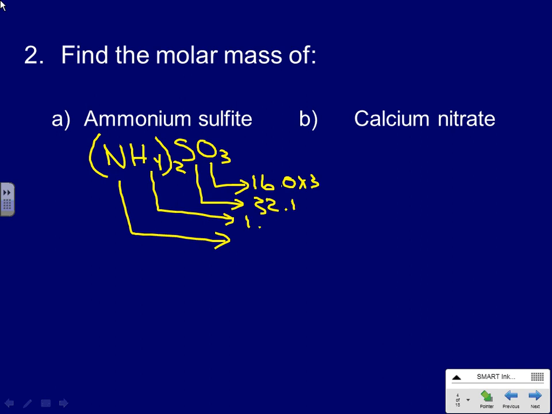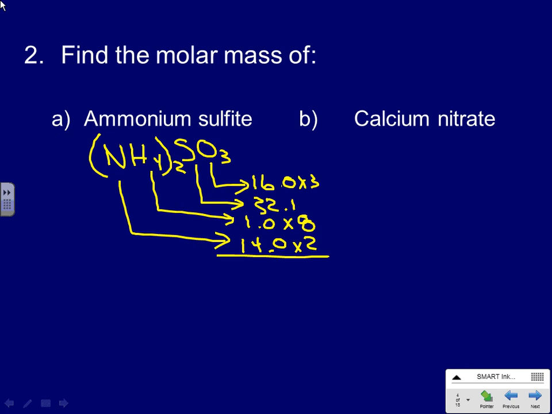Hydrogen, 1.0 times, it's looking like an 8. What's nitrogen? 14.0. And that's just times 1, no need to write that down. Oh, it's times 2. I dropped the ball on that one. Times 2.